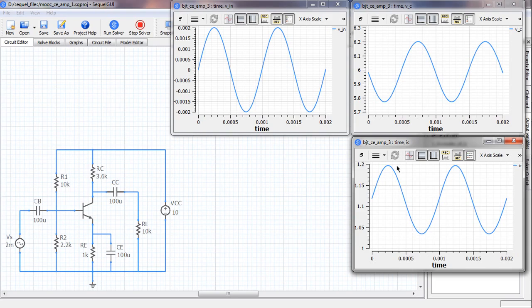And we expect the peak to peak variation to be 0.17 milliamp, if you remember. So let's check whether that is happening. This is 0.05 milliamp, 1.2 minus 1.15. So we have 0.05, another 0.05, another 0.05. So 0.15 and a little bit. So it does indeed look like 0.17 milliamp as we would expect.